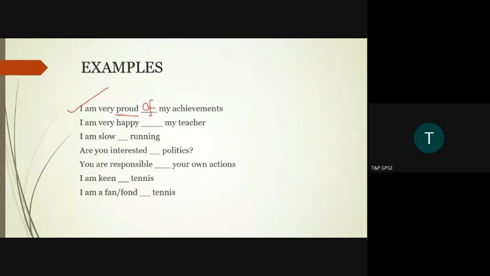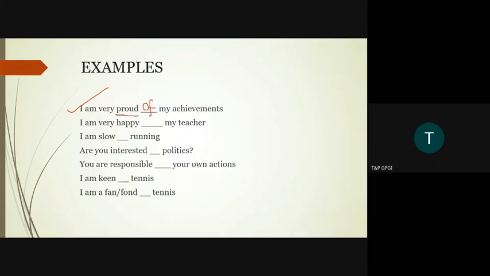So of is a preposition, whereas afraid is an adjective. Another example is, you all are capable of speaking English. Of course, I know you all are. So that's how you can use of as a preposition in a sentence before an adjective.